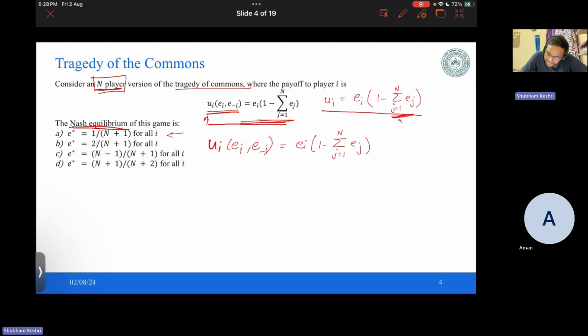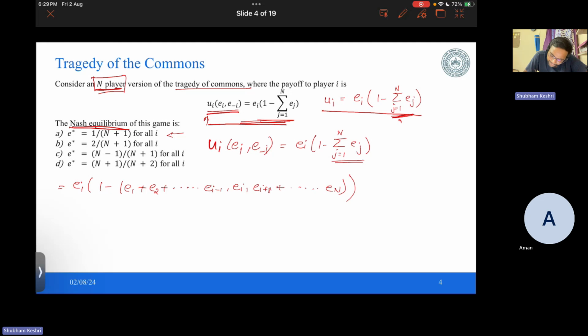Now you see in this sum, we have an Ei, right? So if you expand this sum, I'll just expand it over here. Ei times 1 minus E1 plus E2 plus dot dot dot Ei minus 1, Ei, Ei plus 1 plus dot dot dot En, right?